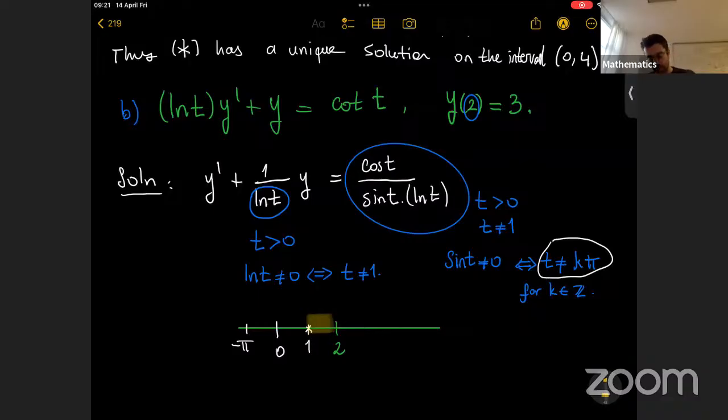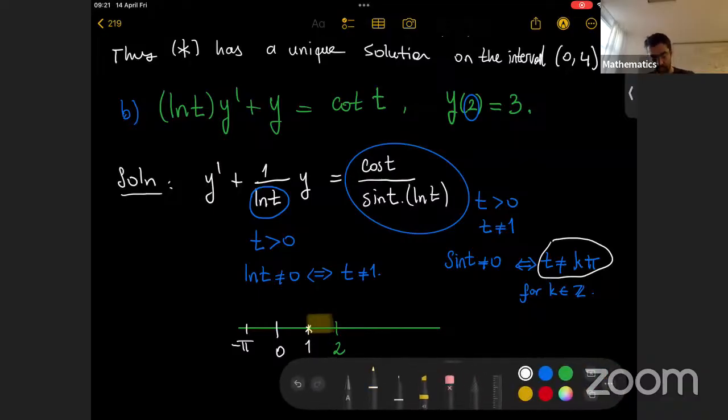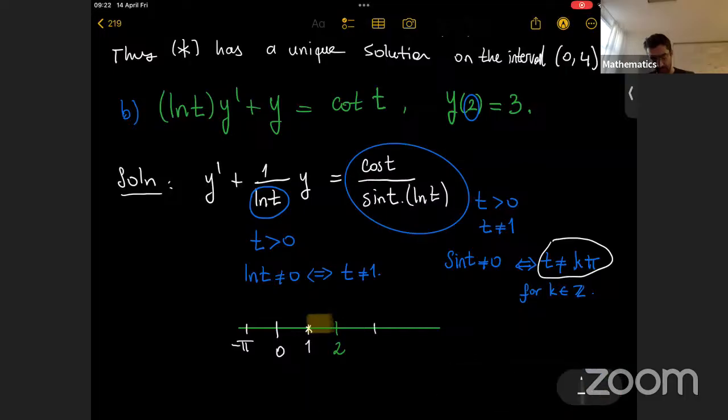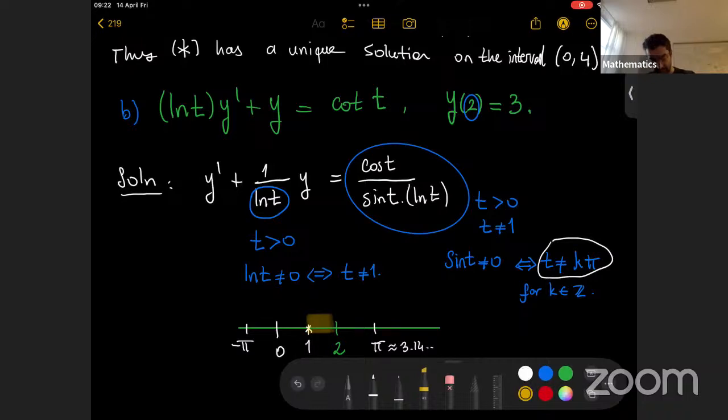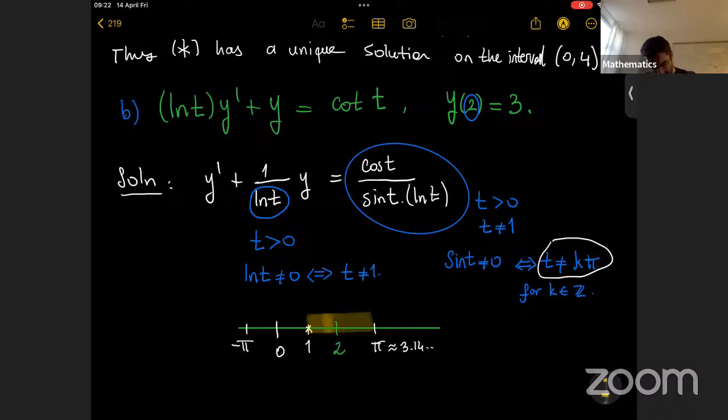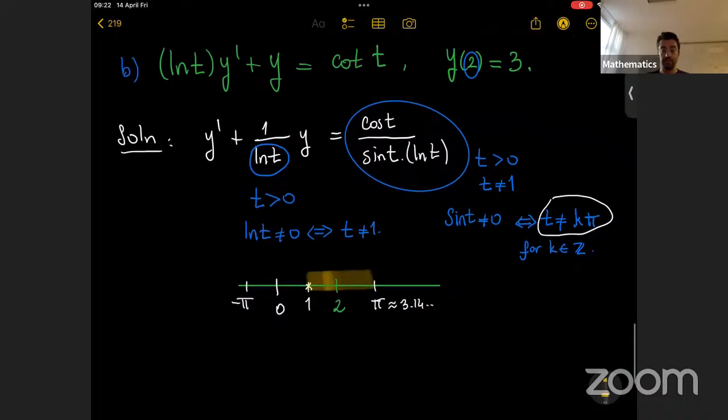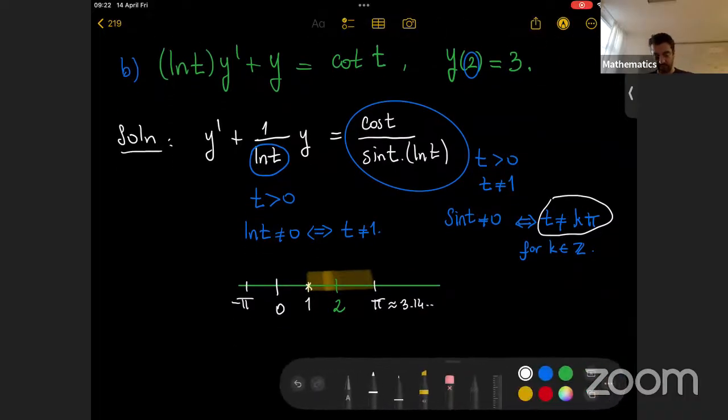To the right, we can move at most pi. Pi is like 3.14 and so on, okay? So you cannot go further than that. That means the interval is this, okay? So it is from 1 to pi.